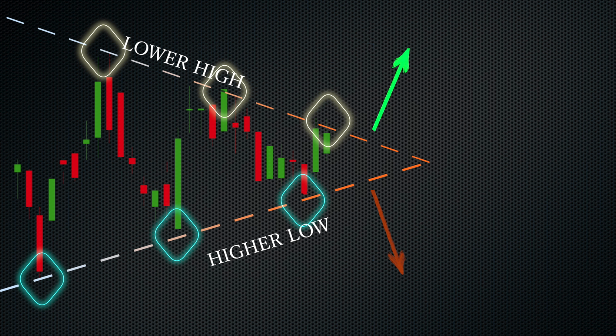Only when price breaks through one of the sides and pulls back can we identify which way it is going. Before that, we can't do anything. We're not going to open a position, except some people scalp: they open a short position on the lower high and a long position on the higher low.